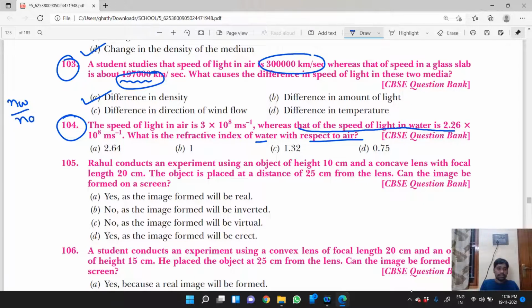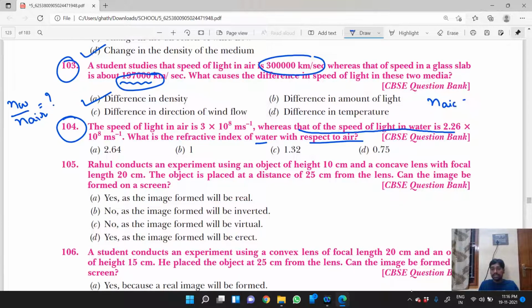The speeds are given, so we have to calculate. First, the refractive index of air is nothing but the speed of light in vacuum by the speed of light in air, which is the same speed, so it is 1.